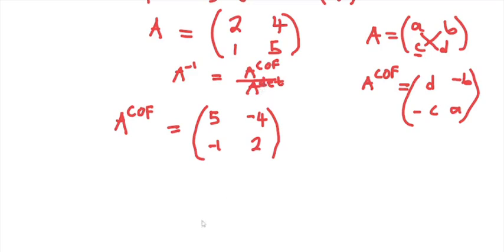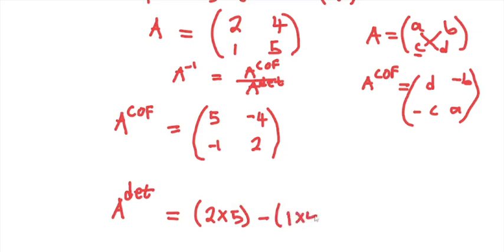Then after finding the cofactor, looking at our formula, we also need to find the determinant of matrix A. This is the original matrix A. How do we find its determinant? We say the product of the major diagonal elements, which is 2 times 5, minus the product of the minor diagonal elements, which is 1 times 4.